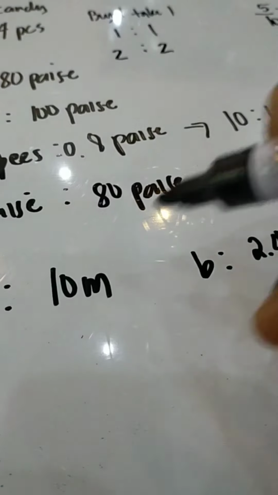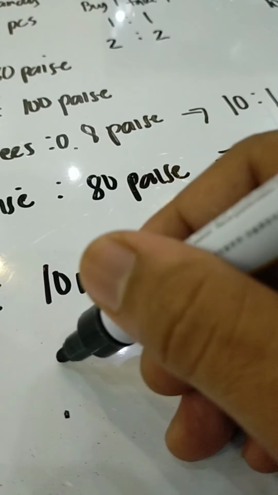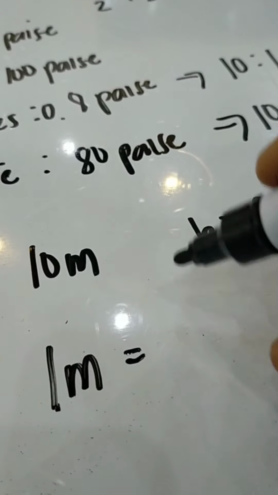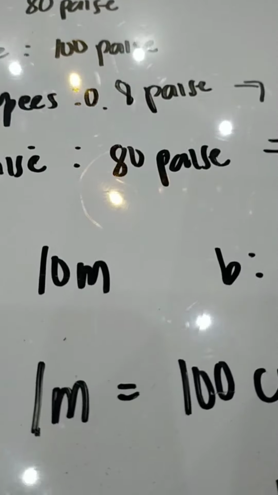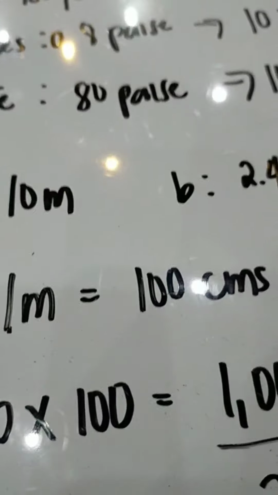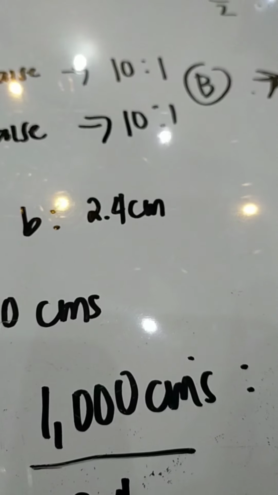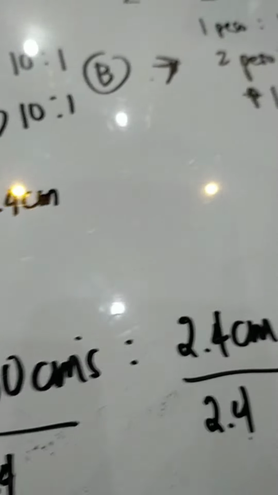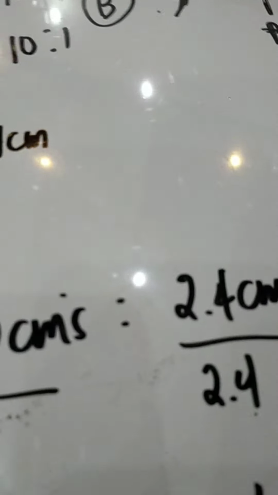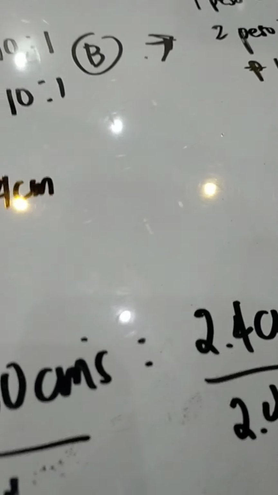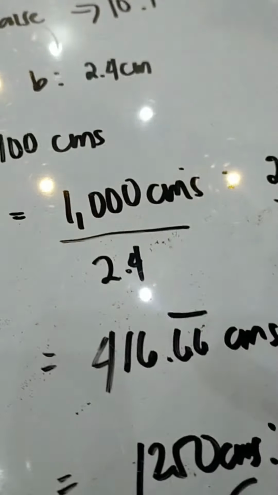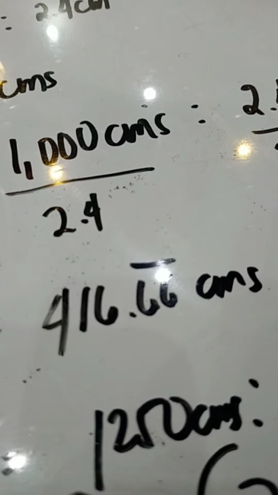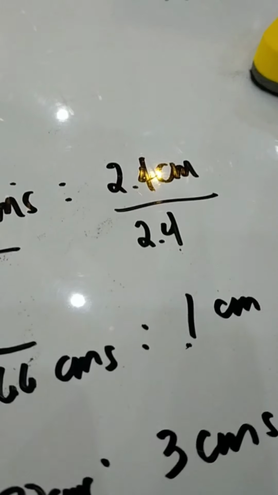So we know that 1 meter is equal to how many centimeters? 100 centimeters. Okay, so let's convert 10 meters into centimeters. We have 10 times 100 centimeters. That would give us 1,000 centimeters, which is ratio to 2.4 centimeters. So, kung gusto nating walang decimal, so we can divide by 2.4, which will give us 416.66 centimeters is to 1 centimeter.